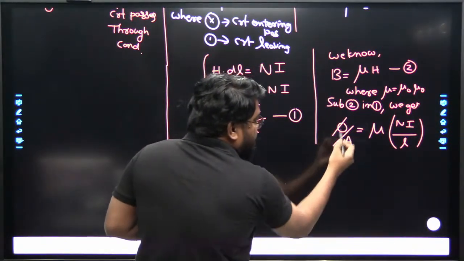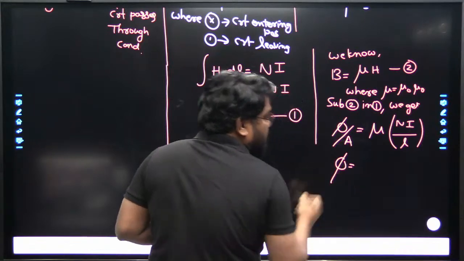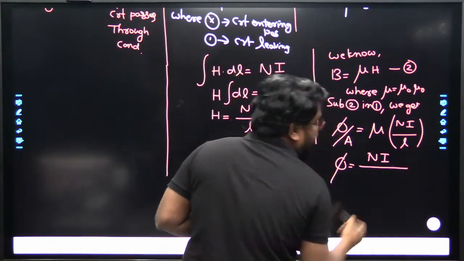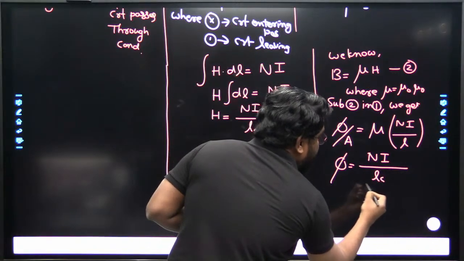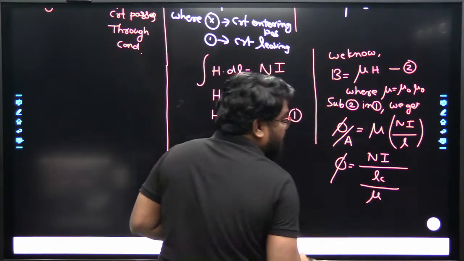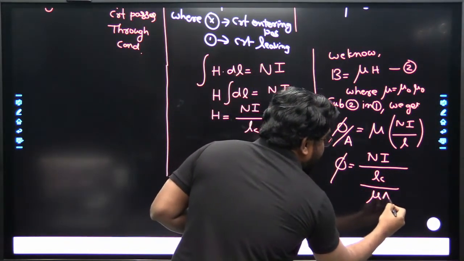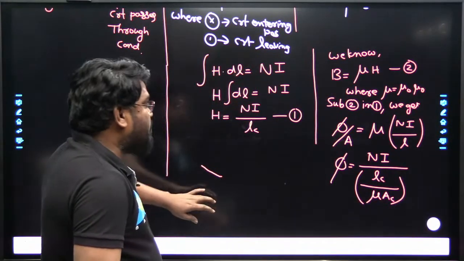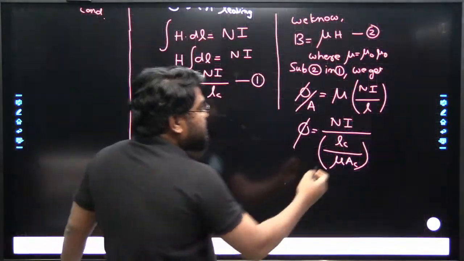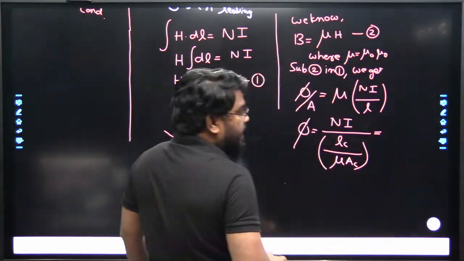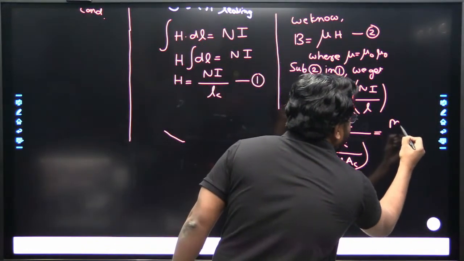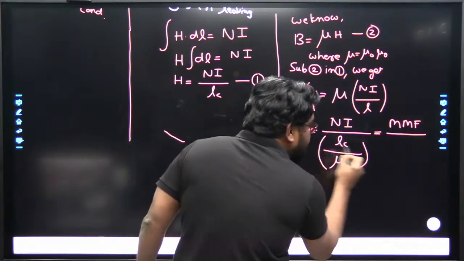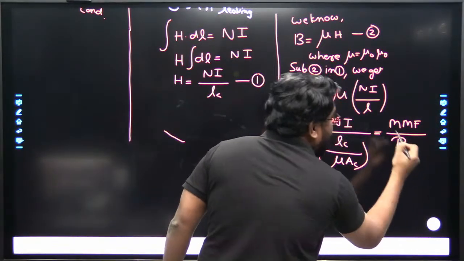From here, flux is equal to the number of turns multiplied by the magnetizing current, divided by the length of the core over the permeability of the core multiplied by the area of the core. Here N I is the MMF, divided by what is called the reluctance of the core.